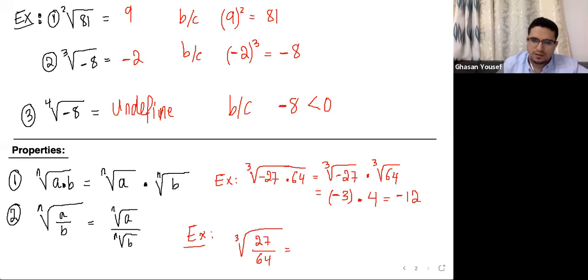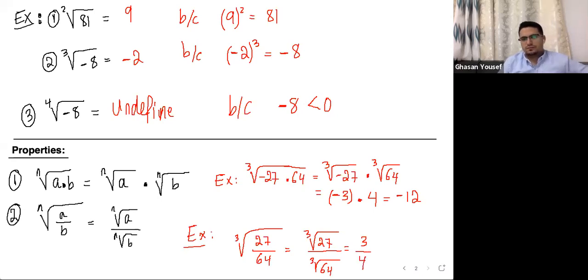So the same idea, I can make two roots, the third root of 27 over the third root of 64. And this equals 3 over 4. Yes, this is correct, Zainab. Thanks.